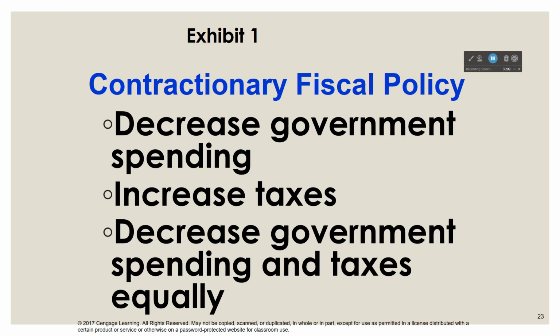So in this case, maybe consumers save 20% of their income, so that $100 billion in extra income that consumers get, they'll put 20 billion of that away and only spend 80. So here, if we were to decrease government spending by 100 and cut taxes by 100, people would only spend 80 of it.